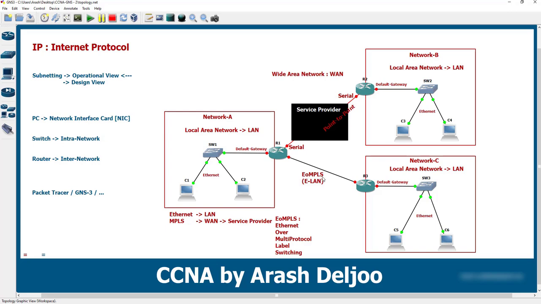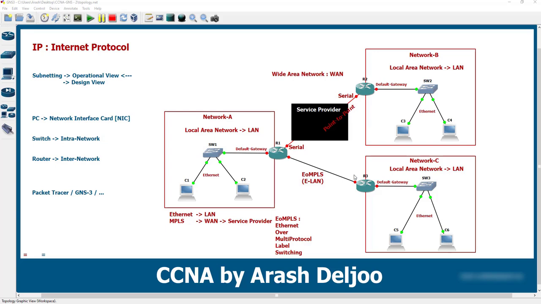Until now, we learned about the technologies of LAN and WAN, and also a little more than before about interconnecting networks. Here we have three networks, network A, network B, and network C. These three networks are residing in different areas. Because of that, we need to use the service provider. We need help from the service providers or telecommunication companies to connect our networks to each other with different technologies.